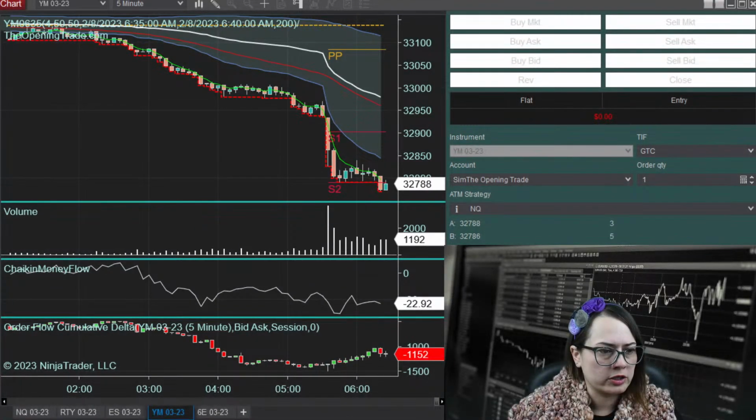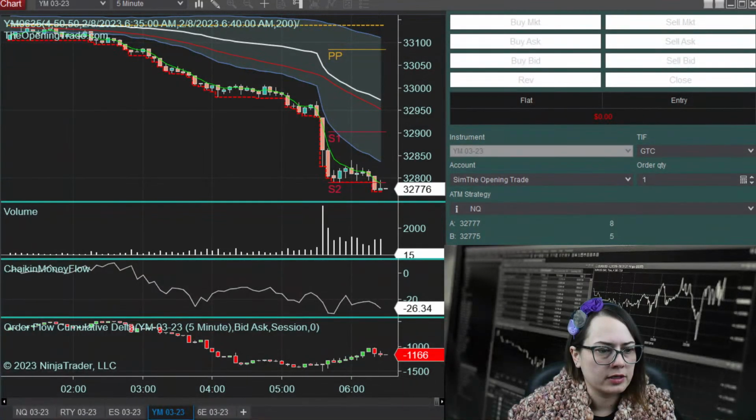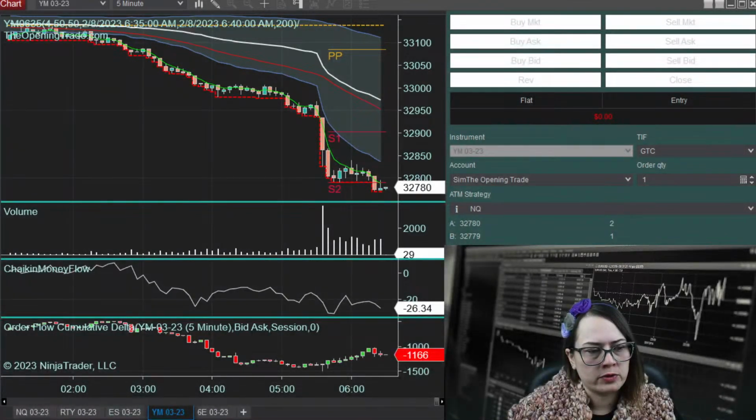Tomorrow is day 4 of the G20 meeting. And then on Monday, nothing big coming out. Tuesday next week, the CB Consumer Confidence Report will be released. So that'll be the next thing that we're looking into there.